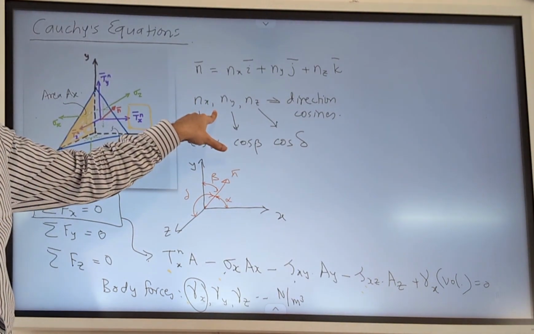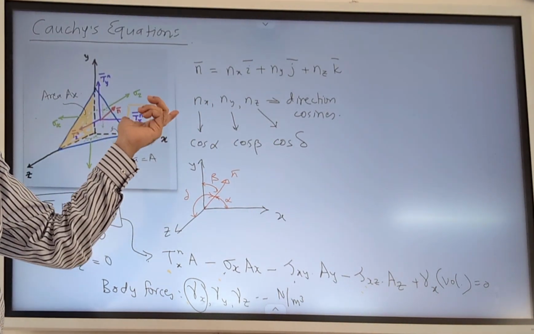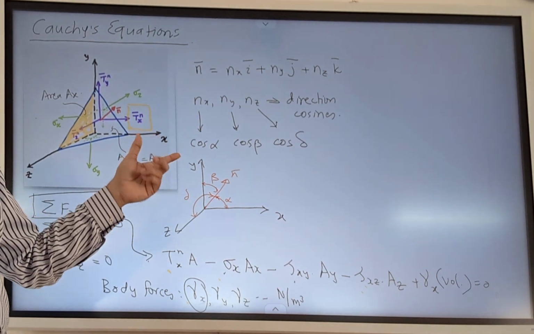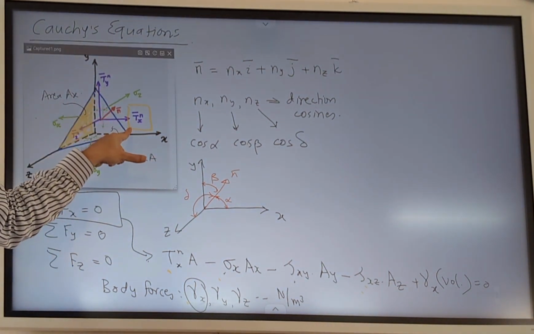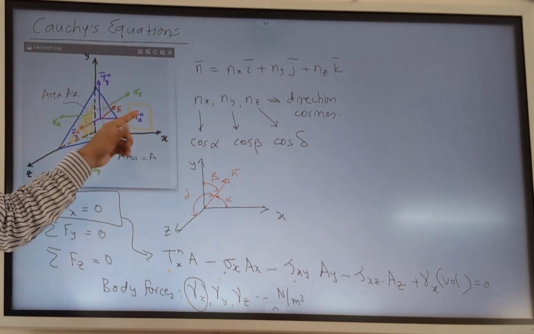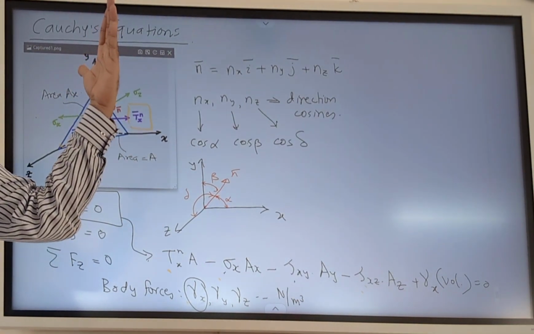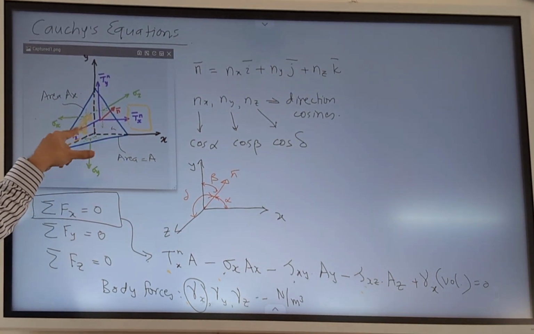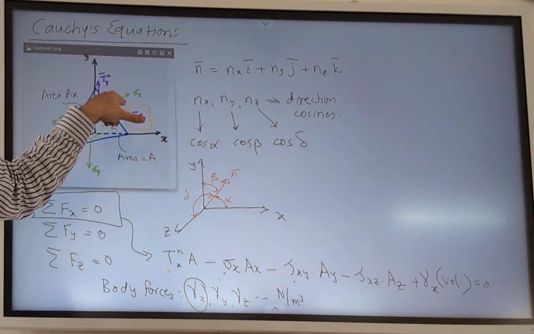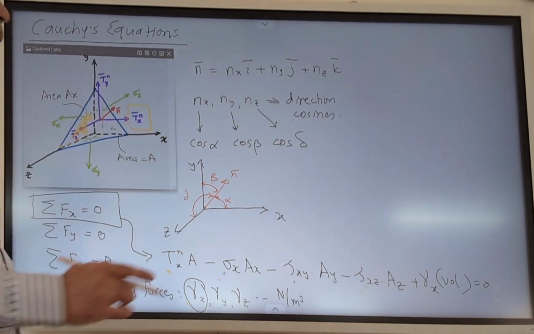Once we know these numbers, there is a relation in three-dimensional coordinate geometry for a tetrahedron. You have an area which is oriented, with the normal in the n bar direction. In that case, Ax, Ay and Az are related to this A in the following manner.